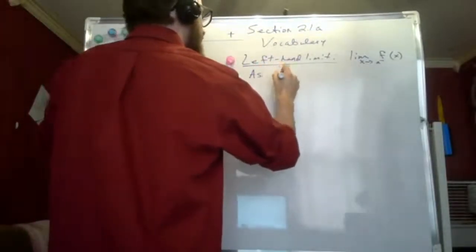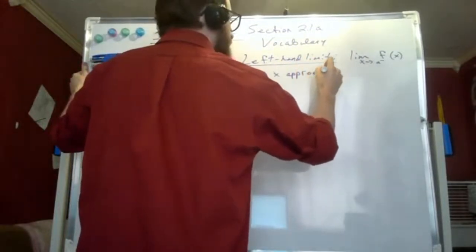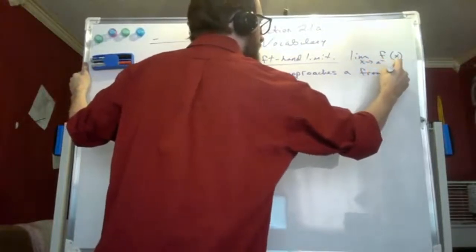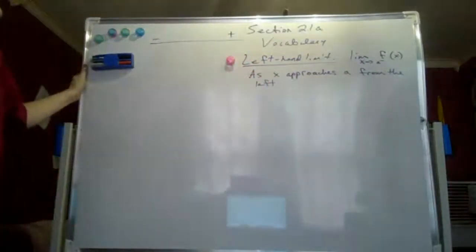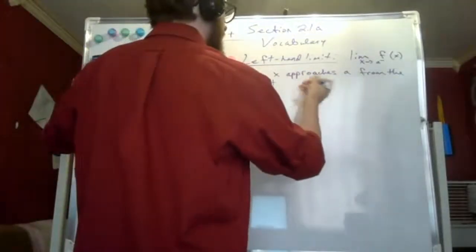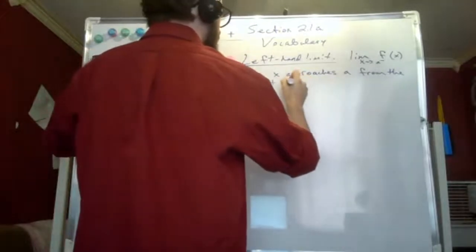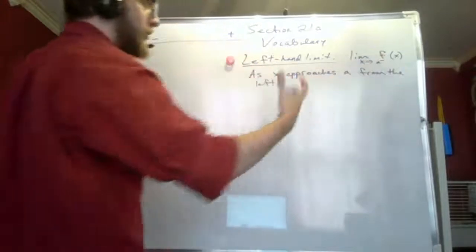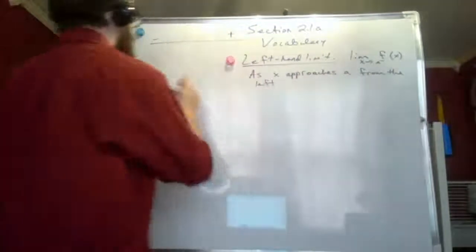This means, as x approaches a from the left, the resulting value is this limit. So the whole point is we have some function, right?